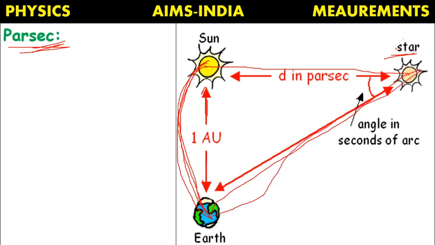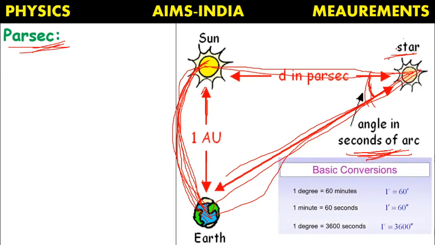If this arc of 1 astronomical unit subtends an angle of 1 arc second at a distant star, then this distance from Sun to star is considered as a parsec.